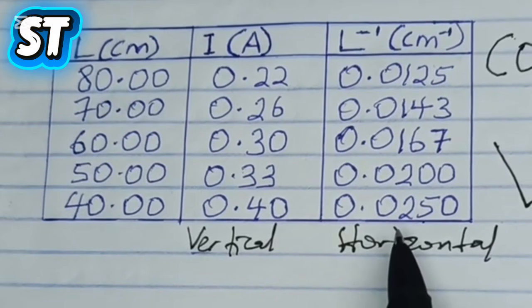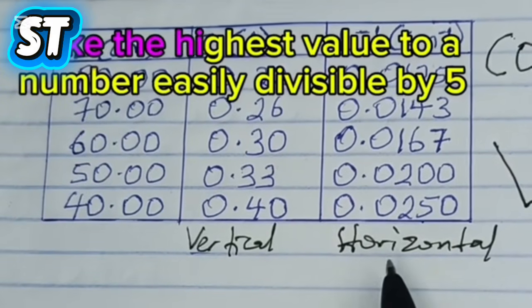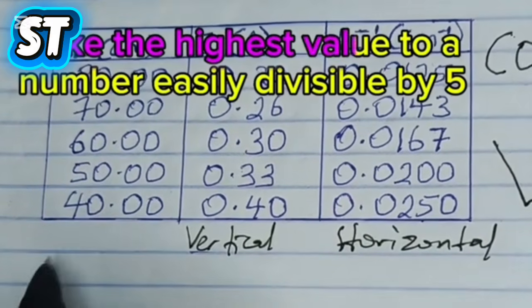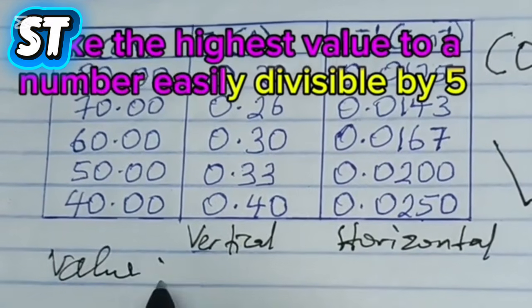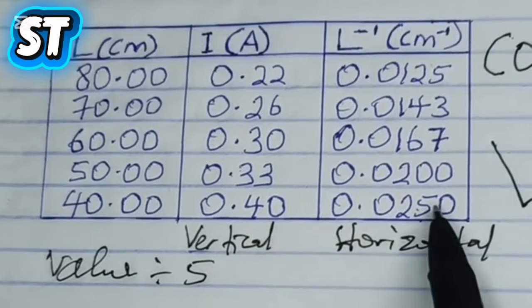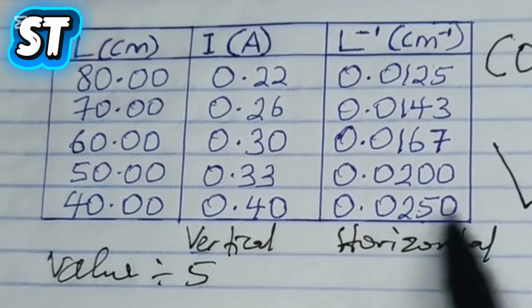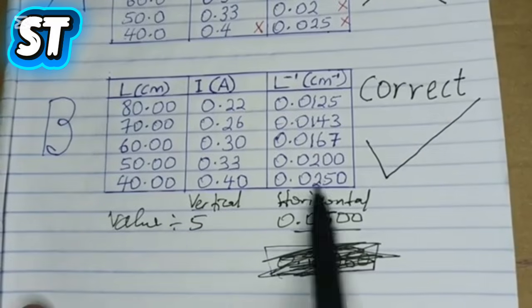Please, your highest value, I come again, must be divisible by 5. Look at this. This cannot be divisible by 5, so you look at the first value here.